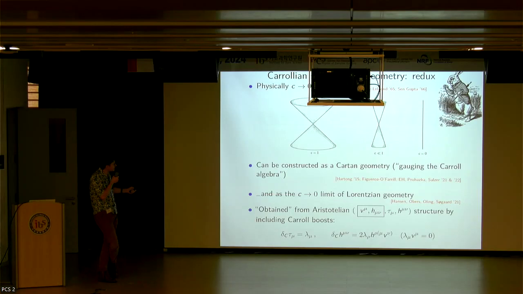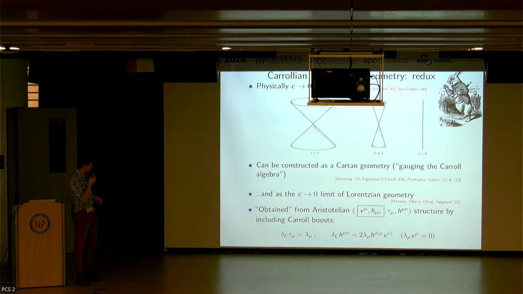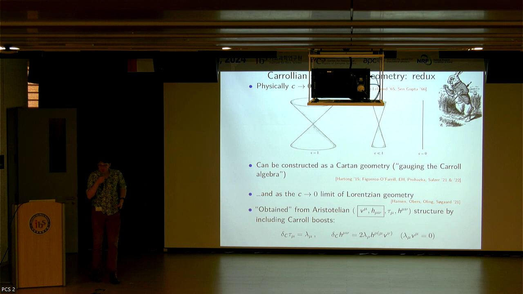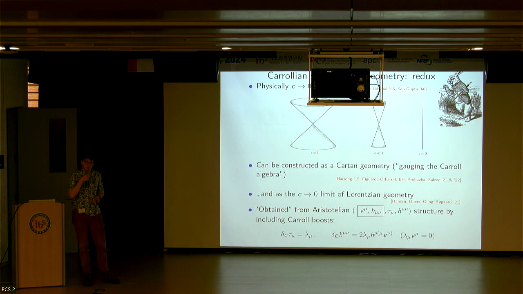You can do various nice things to construct these geometries. A personal favorite of mine is this Cartan geometry approach, originally started by Jelle. But you can also just take limits or expansions of Lorentzian geometry in a way that's completely identical to what Jelle showed you earlier, except that now instead of doing the expansion in 1 over c squared, you do it in c squared. So it's very similar, except dual.